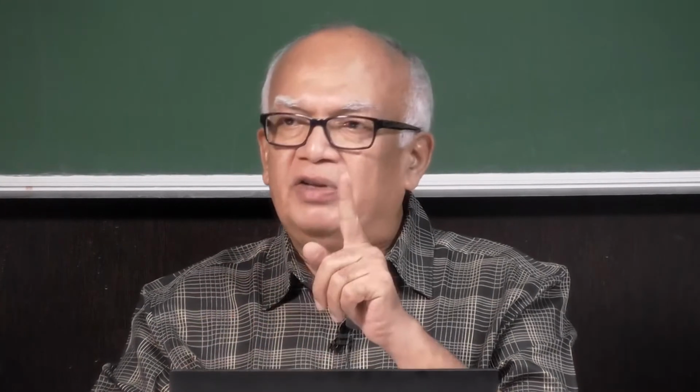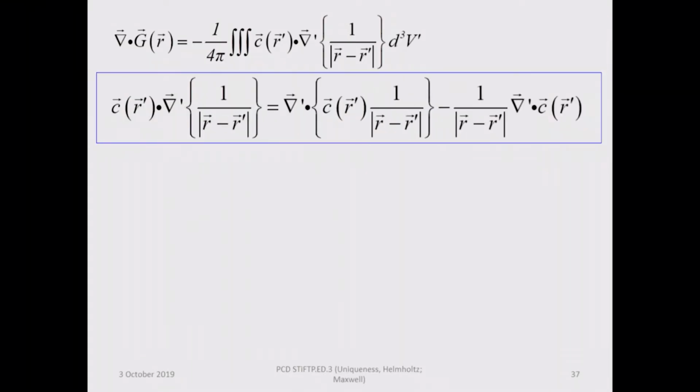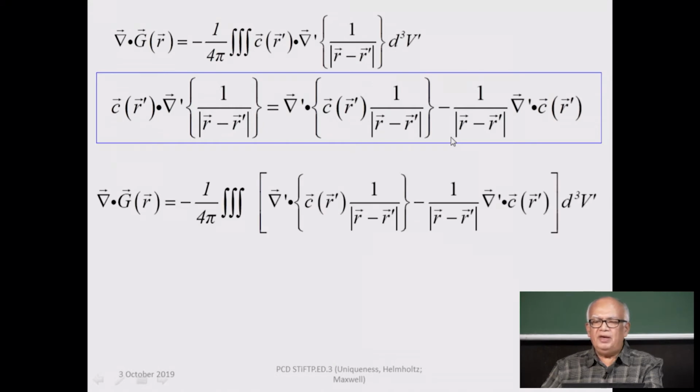So, when you take the derivative with respect to the unprimed variable, it is equal to the derivative with respect to the primed, but with a minus sign. So, you use that, and having used that, so let us put it over here. So, now we have put this minus sign over here, okay, and now put it in this integration.